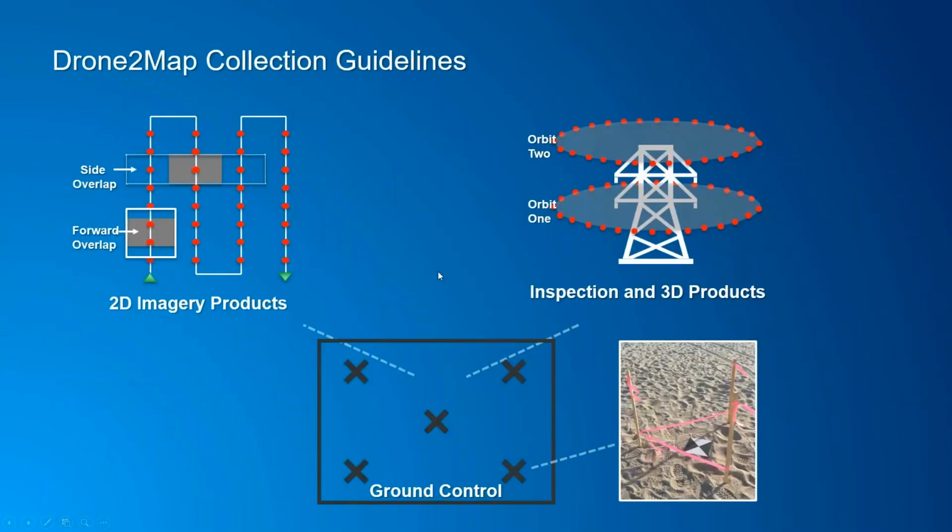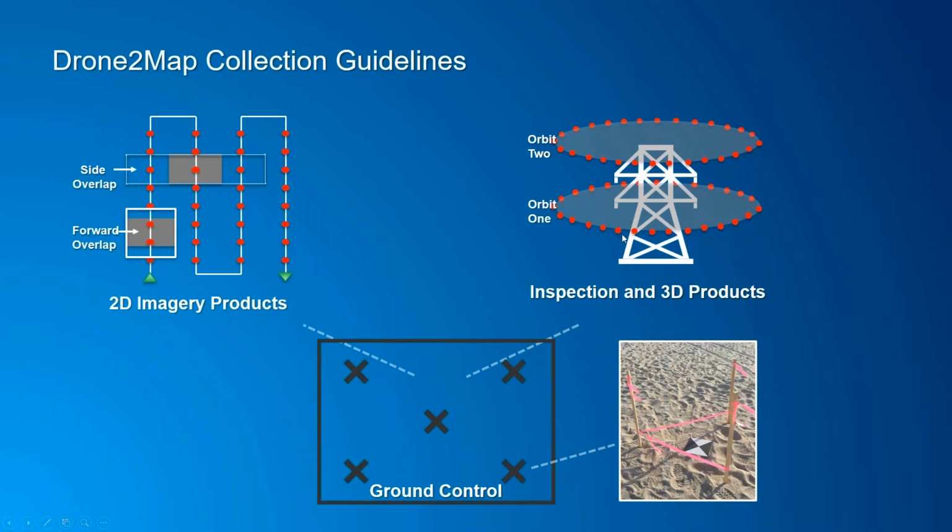These are the two flight patterns or collection patterns that are typically used for most drone operators. The one on the top left is typically what you'd use to generate the 2D products. Some people call it a lawnmower flight pattern, where the drone is flying up, taking photos, back down, and then back up, and then you'll get that overlap from each subsequent photo.